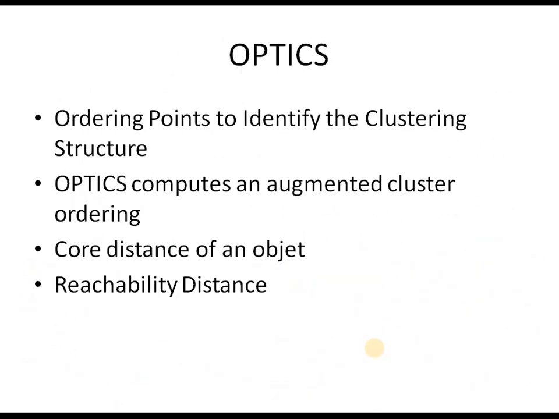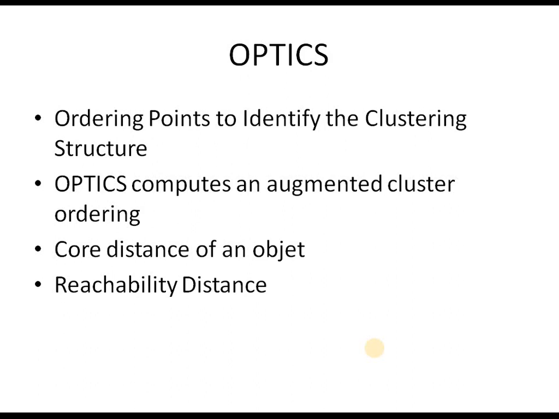Next one is OPTICS, Ordering Points To Identify the Clustering Structure. Although DBSCAN can cluster objects given input parameters such as epsilon and MinPts, it still leaves the user with the responsibility of selecting parameter values that will lead to the discovery of acceptable clusters.